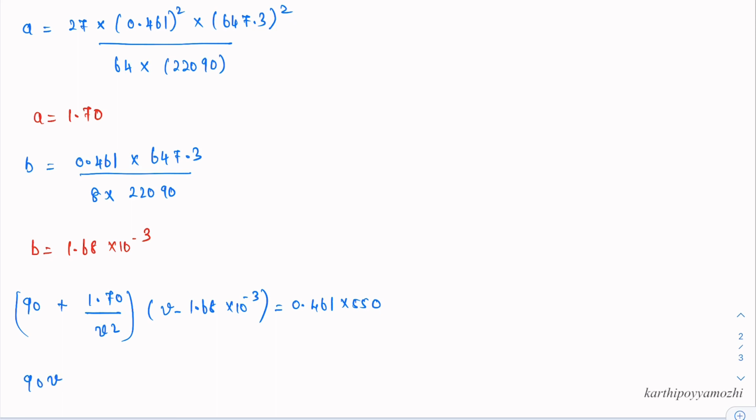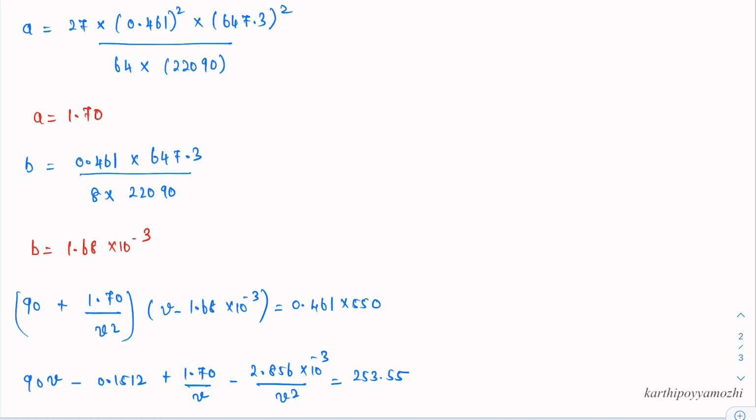On calculation you will get 90V minus 0.1512 plus 1.70 divided by V minus 2.856 into 10 to the power of minus 3 divided by V square is equal to 253.55.